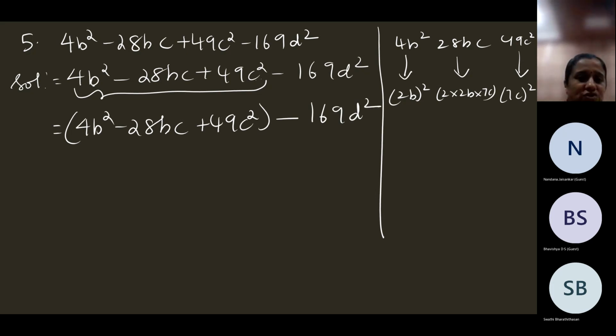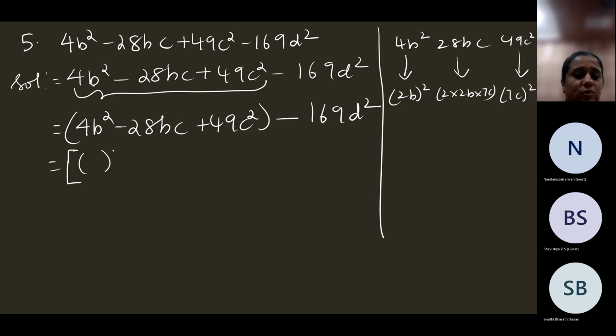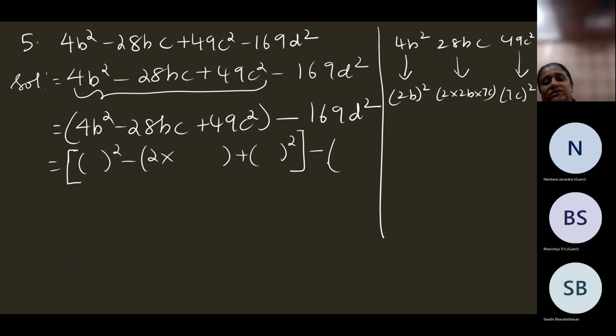Now the signs will not change. You understand why? There is no minus sign before the bracket, so the signs will not change. Simply enclose the first three terms in a bracket. Now x square minus 2 into x into y plus y square, minus what's the square root of 169? 13d. 13d the whole square.